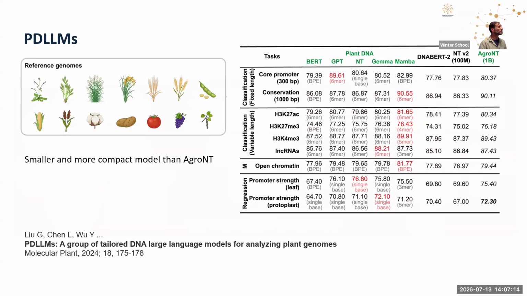Another competing one in the plant world is called PDLLMs. That stands for Plant DNA Large Language Models. They trained a whole bunch of different ones using different architectures like BERT, GPT, NT, Gemma, and Mamba. What they've done in this table is show how accurate these different fine-tuned models are.